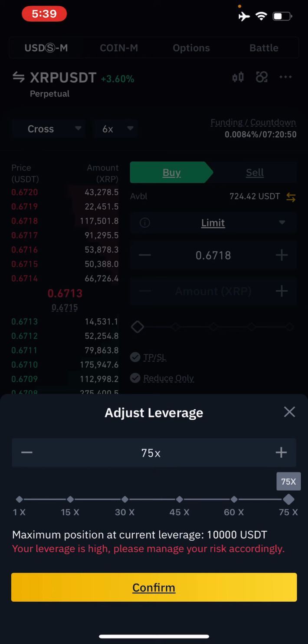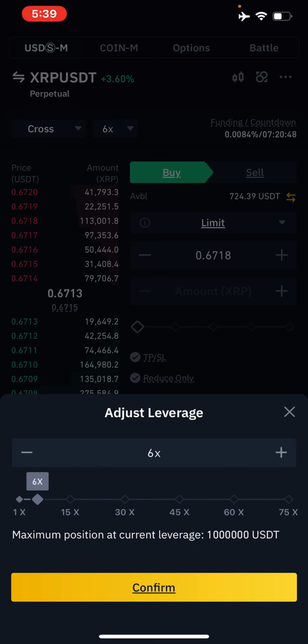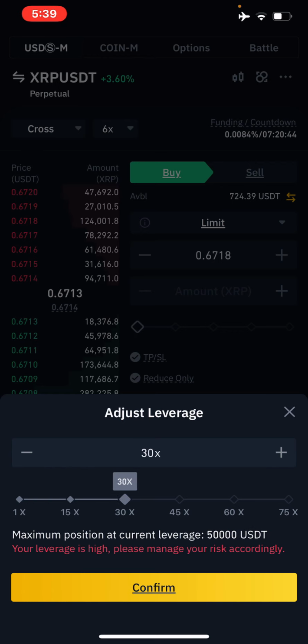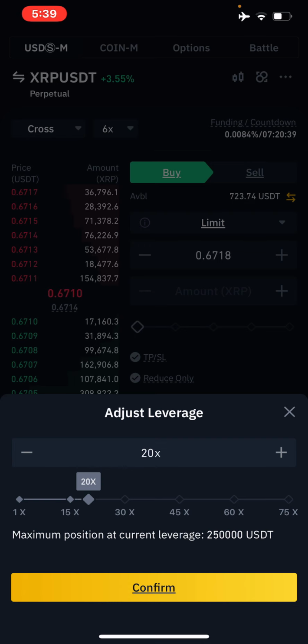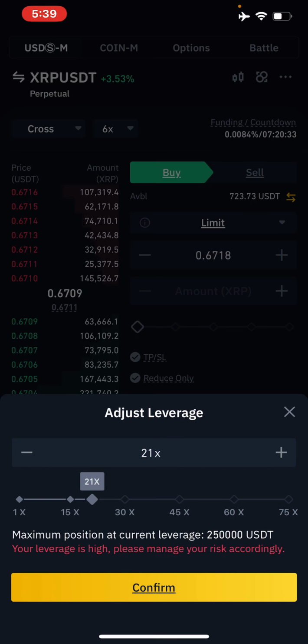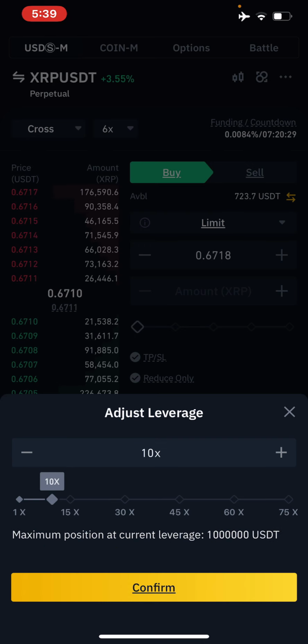That's the maximum we can use. Leverage is crazy. I normally use 5x, 12x, and up to 15x and 20x leverage. But I can tell you 20x leverage is too much unless I'm very sure of the signal I'm entering and the market is not volatile like this, because we are in a very serious volatile market. So I really wouldn't use stupid leverage. I like to use 5 to 10, maximum 10.